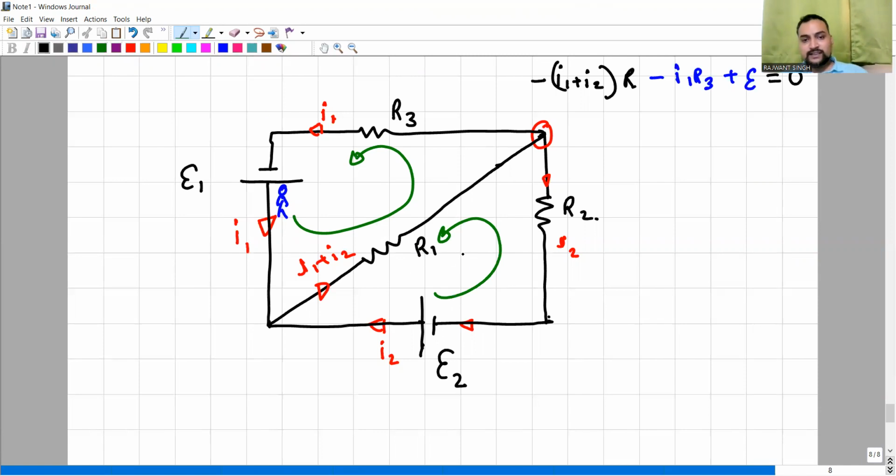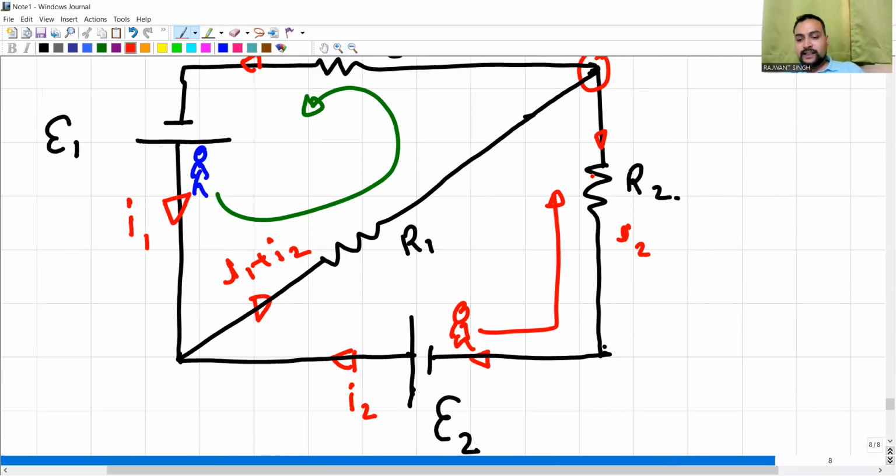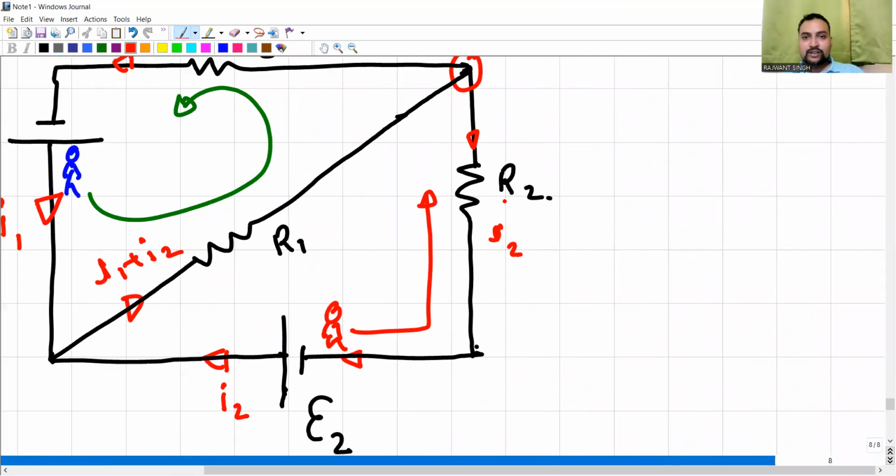Now in an anti-clockwise direction, when you move, again you have to assume that you are standing somewhere here, near the cell, and you are going to move. So when you move in this direction, you will come across this resistance R2, and this R2 is experiencing a current I2 flowing.